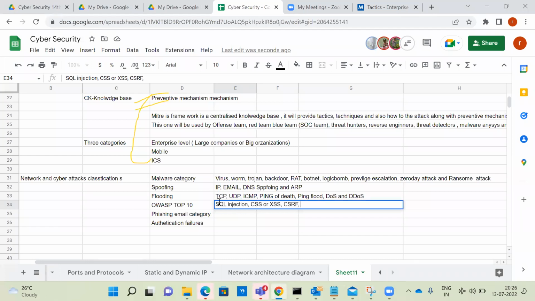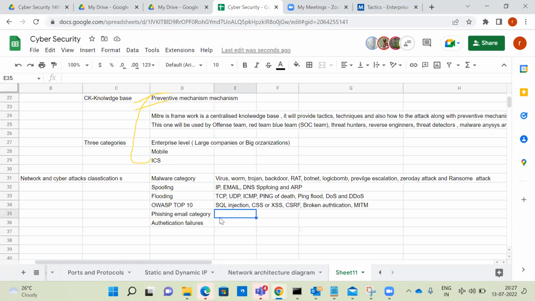Next one, clickjacking, broken authentication, man in the middle attack, MITM, and so on.